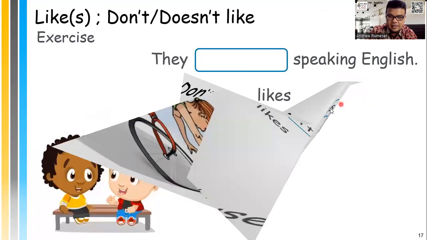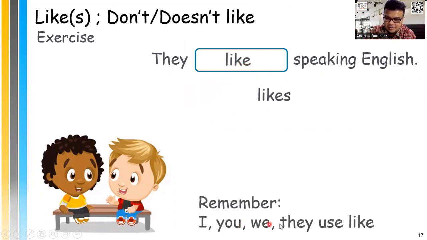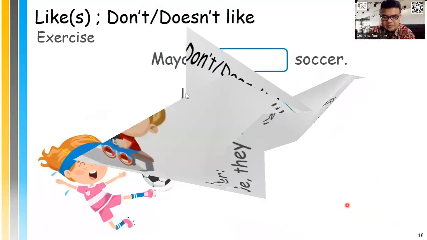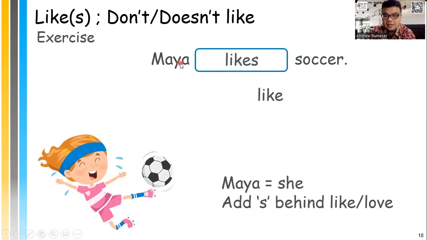All right, next. They like or likes speaking English? They like, no S. Remember I, you, we, they? No S, right? All right. What about Maya? Maya likes soccer or Maya like soccer? Which one? S or no S? That's right, S. Why? Because the subject is a she, right? So we add S behind the verb.